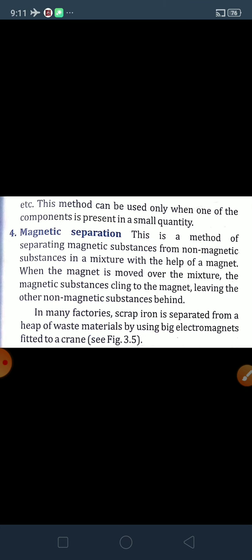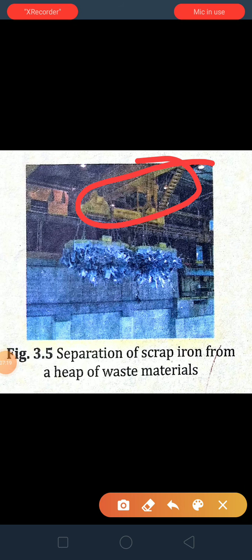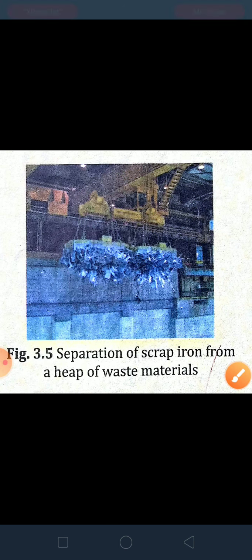That is on page number 39, figure number 3.5. Here, by the help of a crane, a huge electromagnet is used on a heap of waste materials, and it attracts the magnetic substances, and non-magnetic substances are left behind.